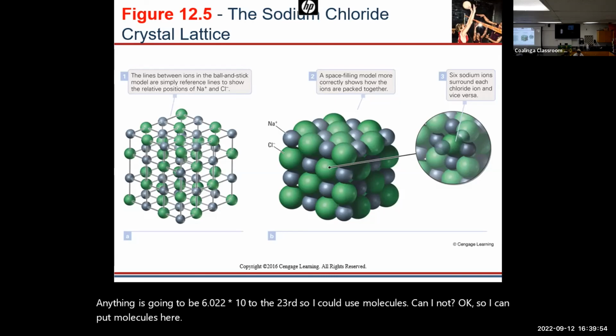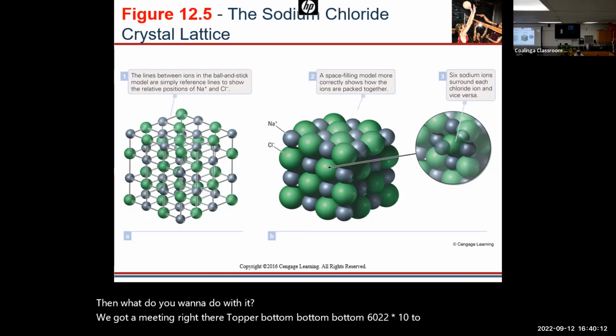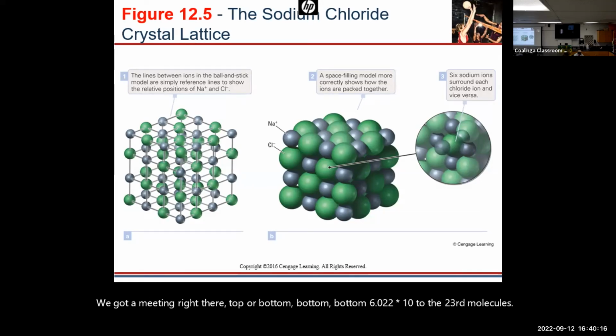So then, what do you think I'm going to do with it? Top or bottom? Bottom. So I'm going to put 6.022 times 10 to the 23rd molecules of oxygen, and then we know that's going to equal 1 mole, right?